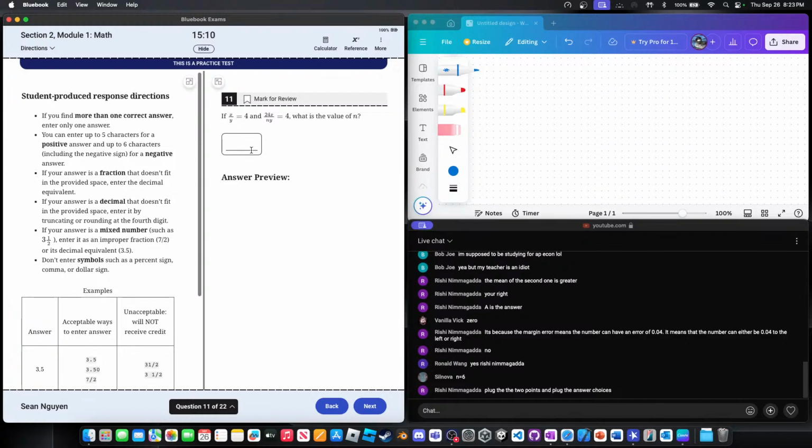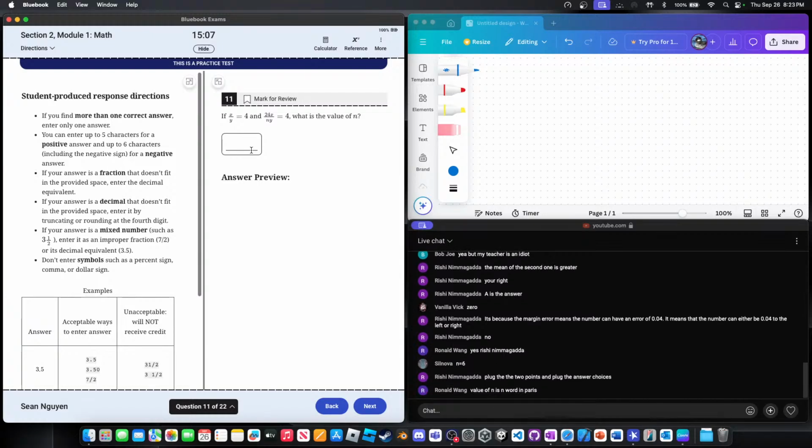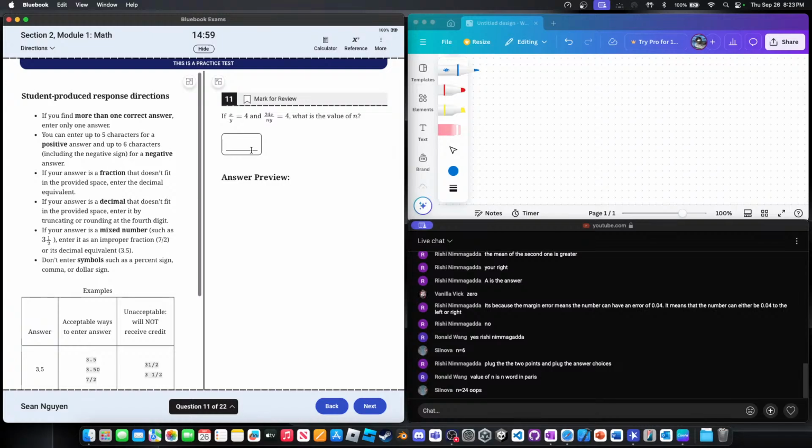Yeah, I guess that's true. I can just plug in the points and see what the value of n is. I'm still solving it. 24x over ny is equal to 4.